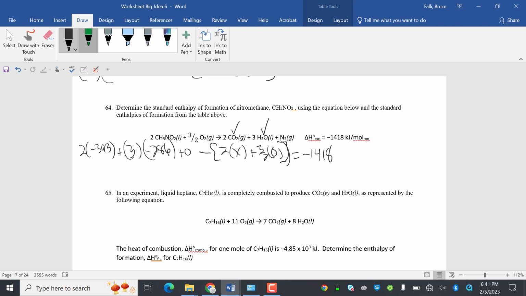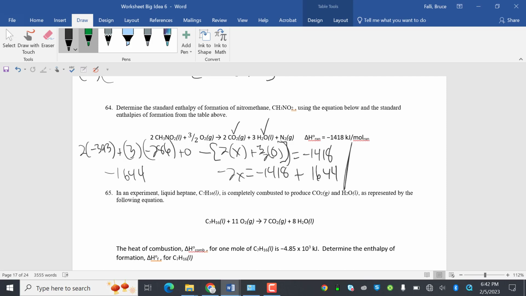So here we go. 2 times negative 393, plus quantity 3 times negative 286. So negative 2x equals negative 1418 plus, this whole thing together was negative 1644, so it's going to be plus 1644.